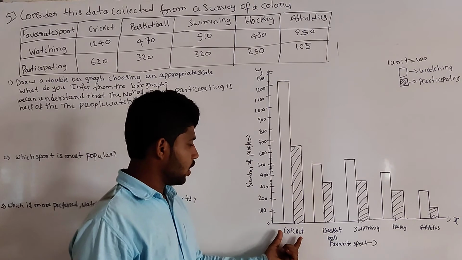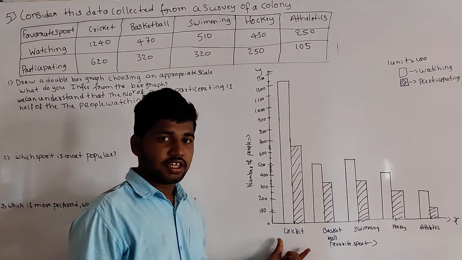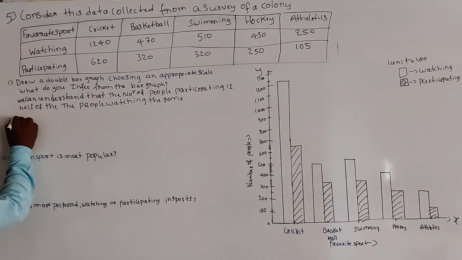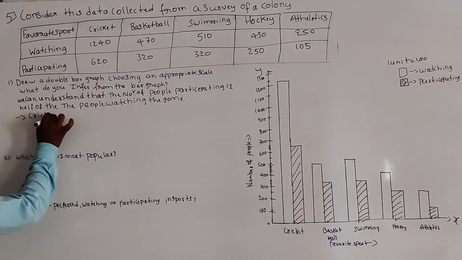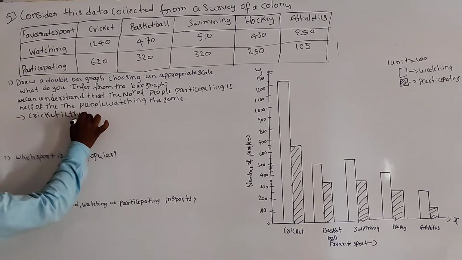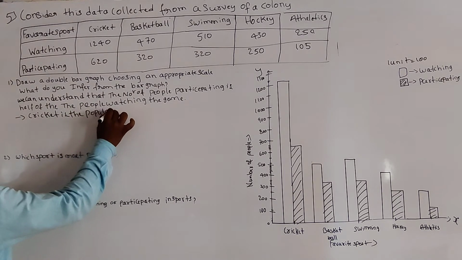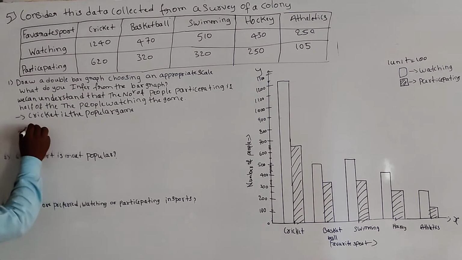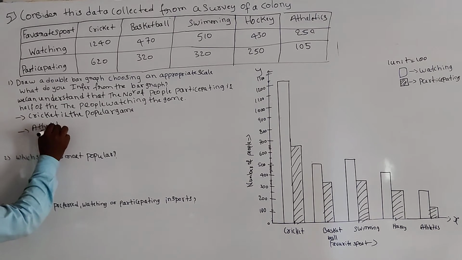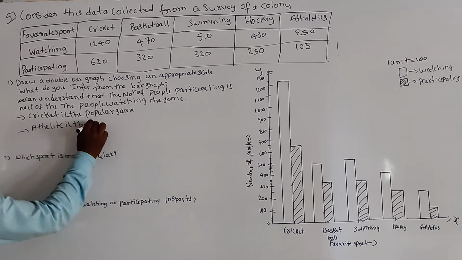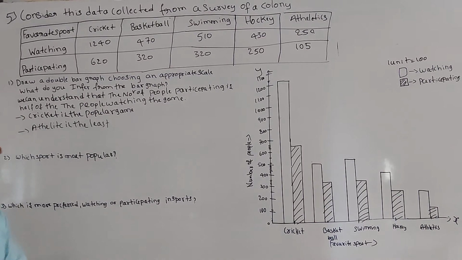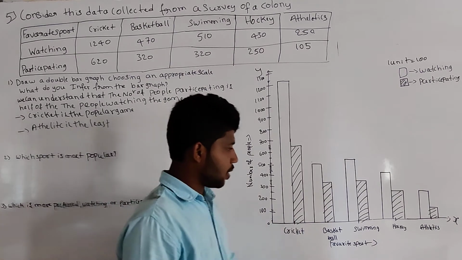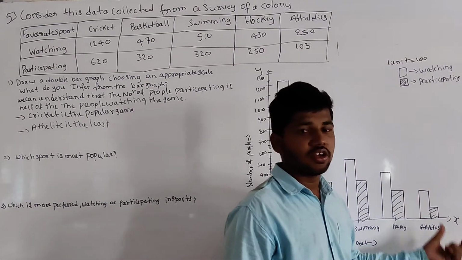In the given data, cricket is the most favorite game compared to the other games, and athletics is the least, because the number of people watching and participating in cricket is high, and the number of people watching and participating in athletics is very low.